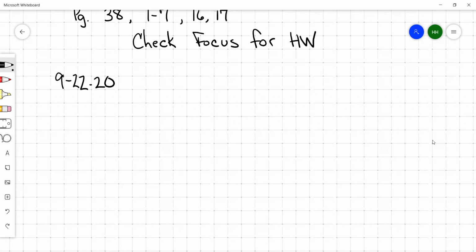And today we're going to move on and we're going to be solving linear systems algebraically.